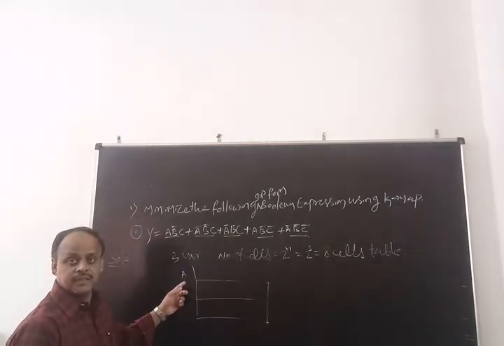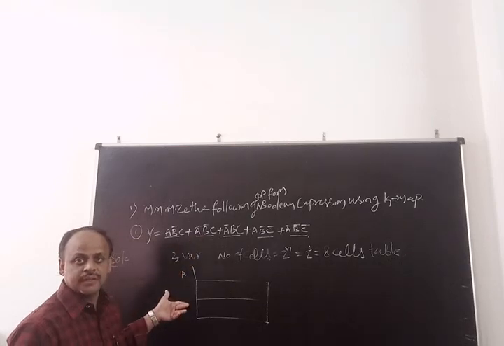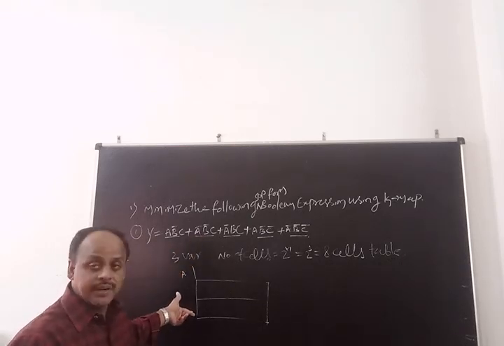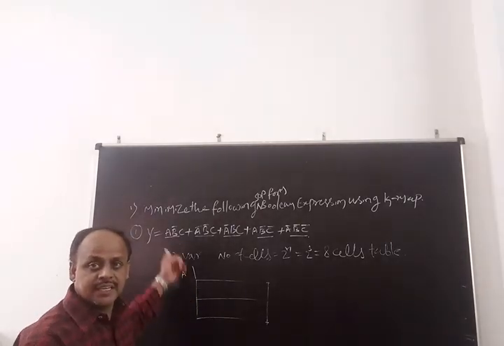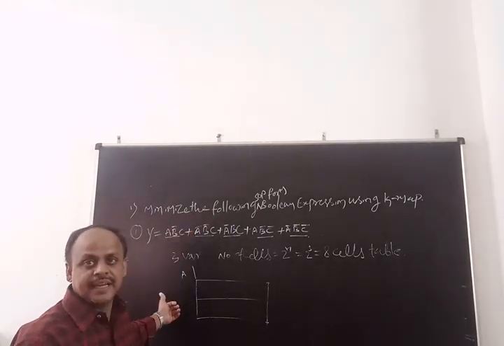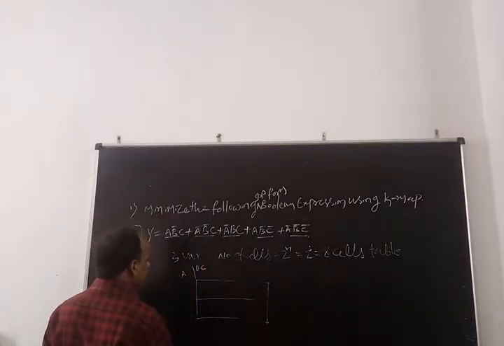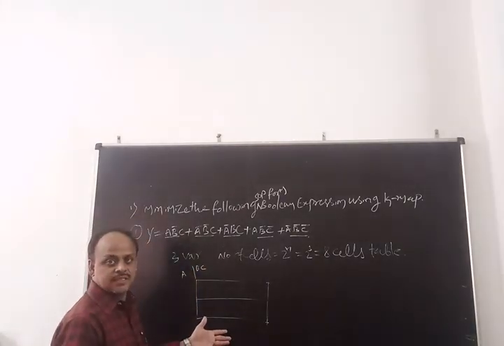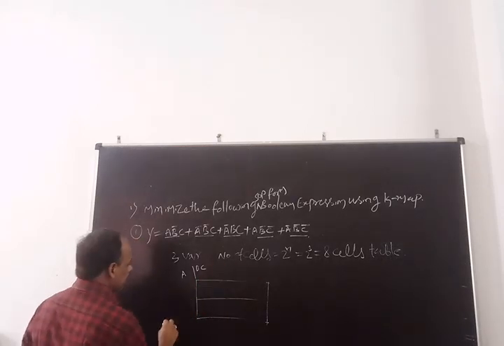So we have to consider the three variables which are there in the expression. A, B, C are there, so we have to draw a table with 8 cells with those A, B, C only. If X, Y, Z are there, we have to consider the X, Y, Z variables only. So A, B, C. Last class we discussed how to draw an 8 cells table, so follow it.